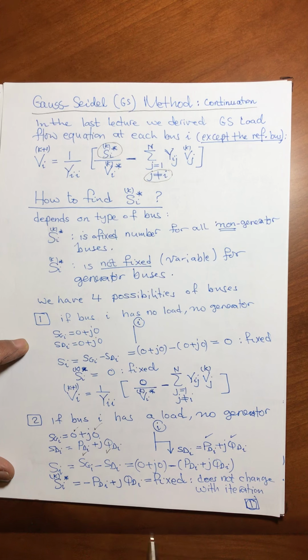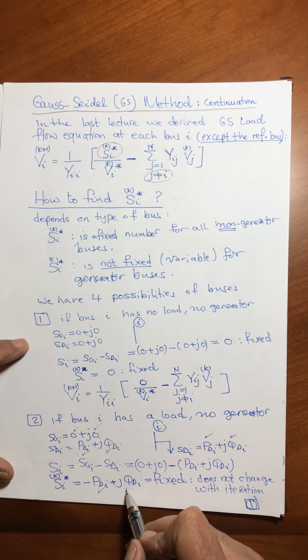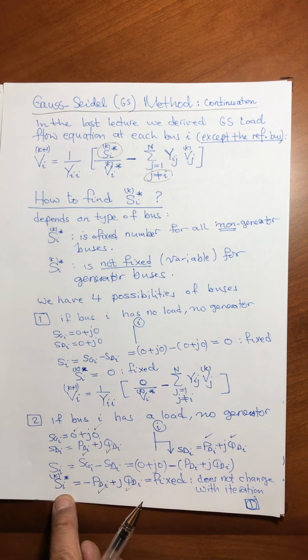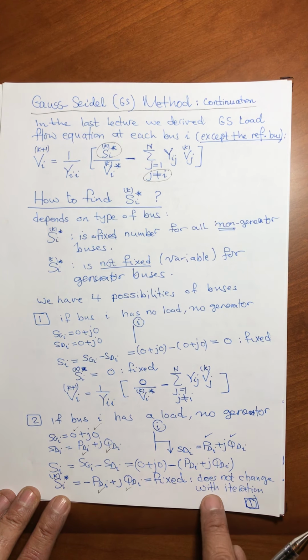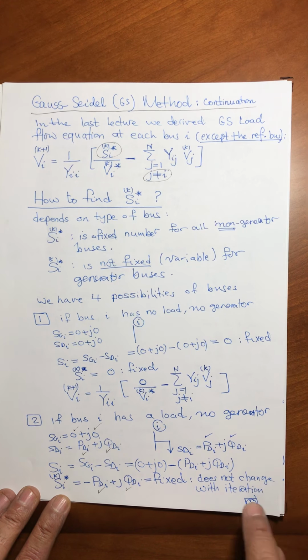So it becomes Si equals minus P demand i, and the conjugate of this one is plus jQDi. Notice also this is known and this is known, so the net injected complex power at bus i is a fixed number. I mean, it does not vary with iterations.